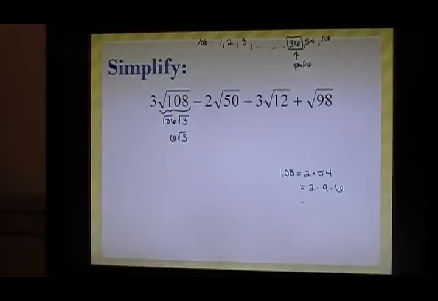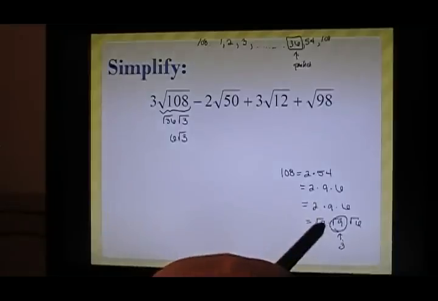So if we write it like this, 2 times 9 times 6, or square root of 2 times the square root of 9 times the square root of 6, what we have here, we recognize that that's 3.